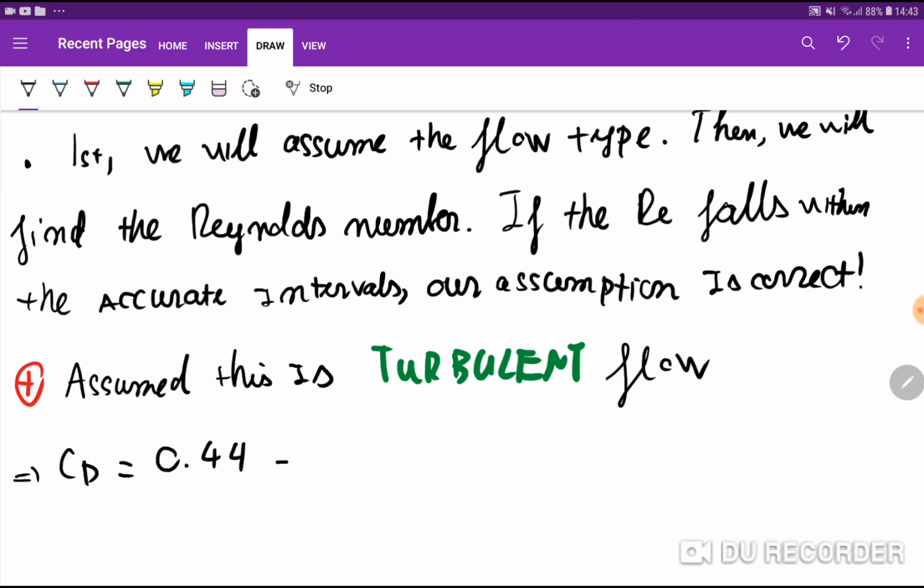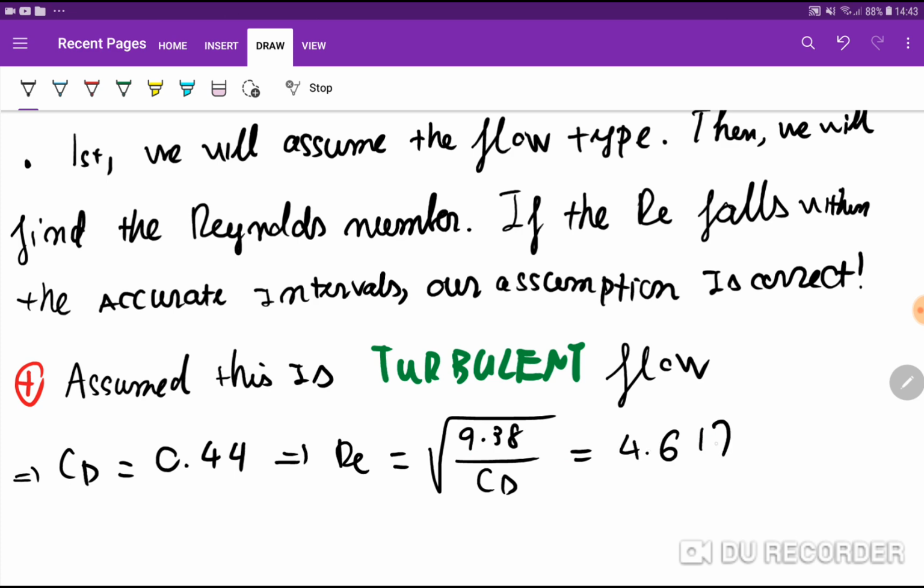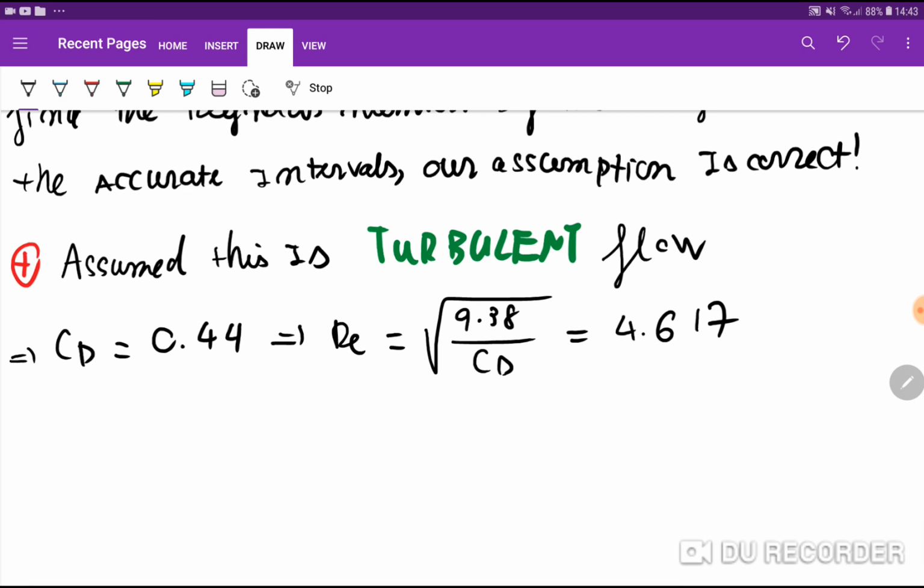So the Reynolds number you can calculate is equal to square root of 9.38 over drag coefficient, which is 4.617.